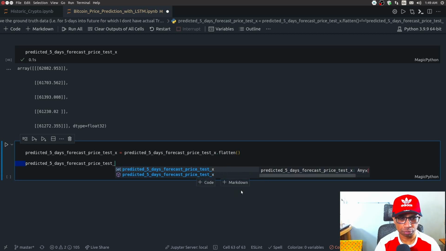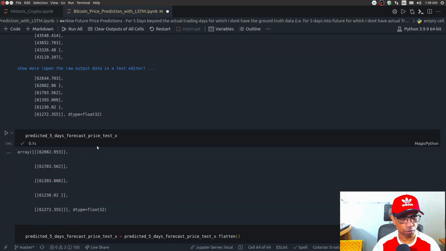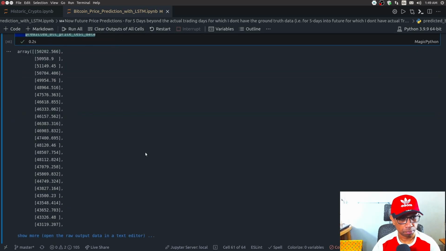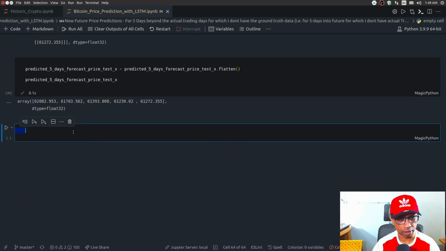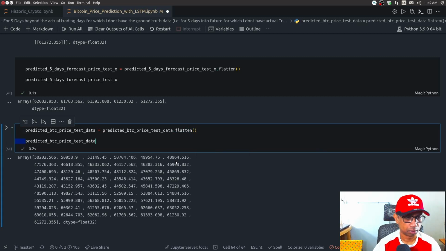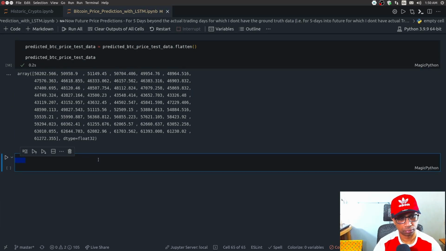Not shape, just print the entire data after flattening. Yes, it got flattened, and I have to do the same for this one as well. Predicted BTC price test data, which was for the entire actual trading days. Awesome. These also got flattened. Fantastic. Now I have to combine them.